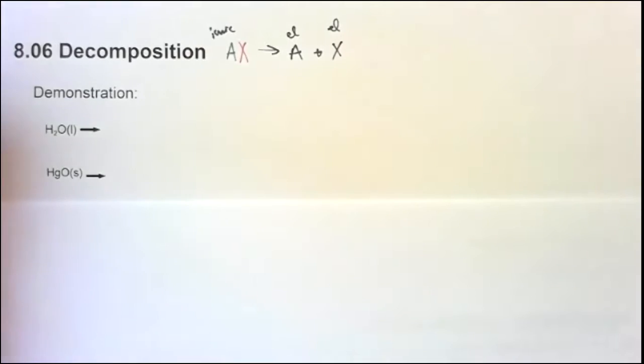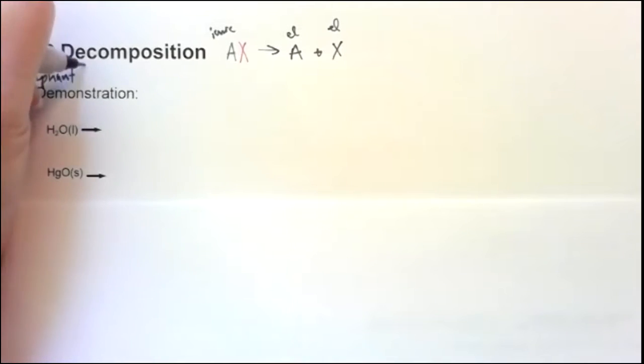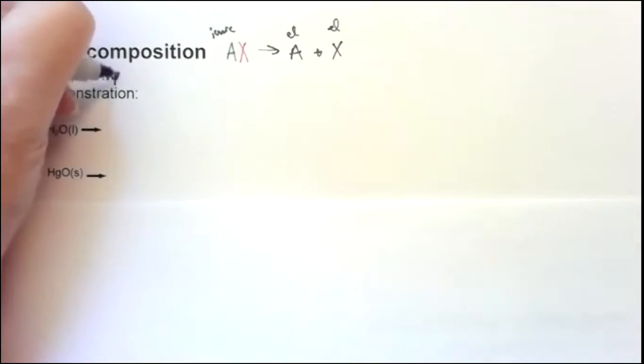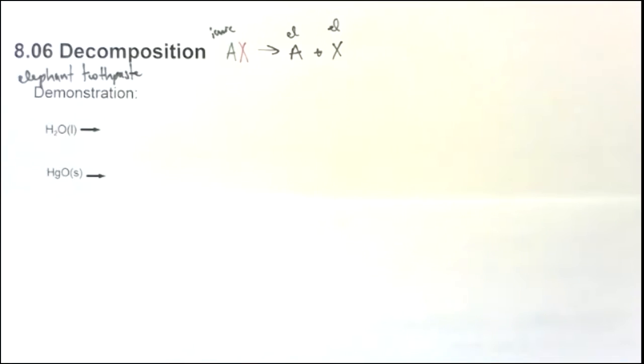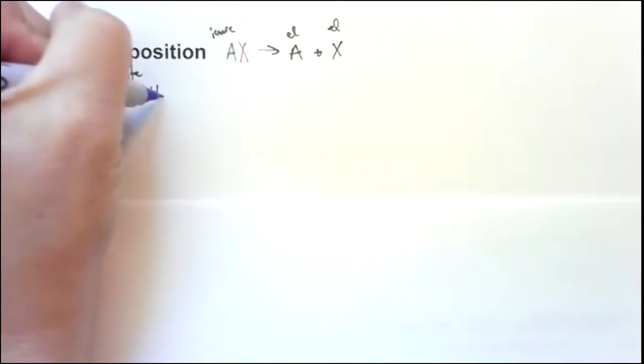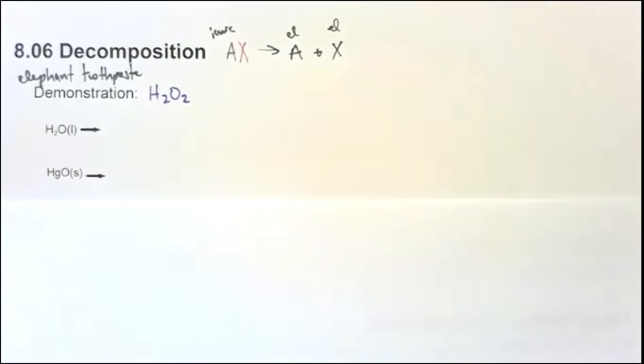The demonstration that we're going to watch is elephant toothpaste. And it's one example. We're not actually starting with an ionic compound. We're starting with hydrogen peroxide. So on test situations, I tend to not ask about oxidation and reduction when it comes to decomposition, because here I have an ionic compound.